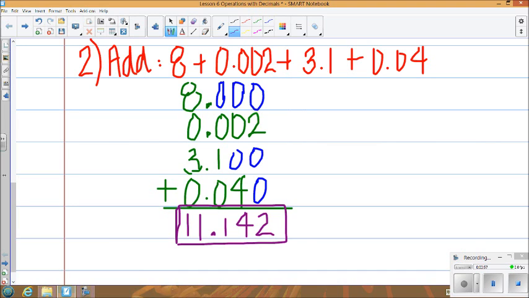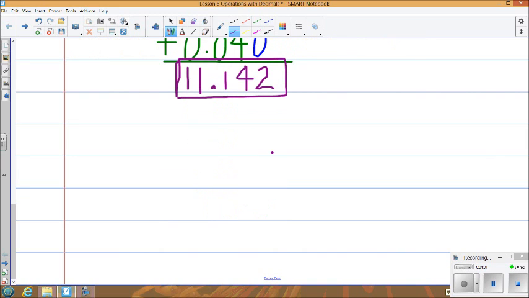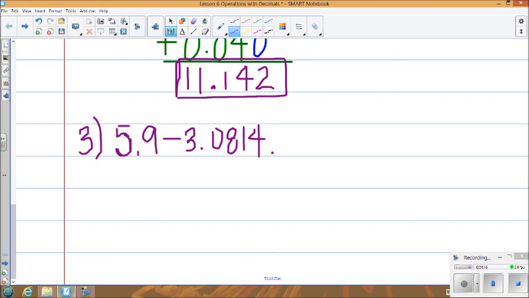And then let's look at one more subtraction problem. So if I want to do 5.9 minus 3.0814, first thing you want to do is line these up vertically.